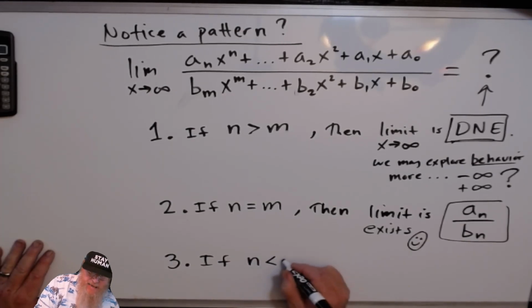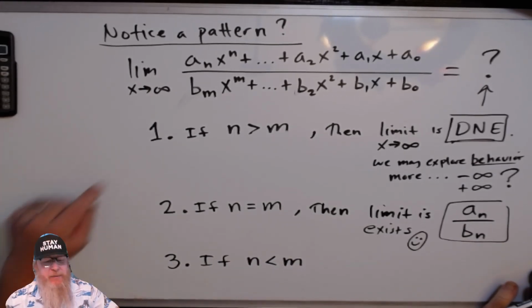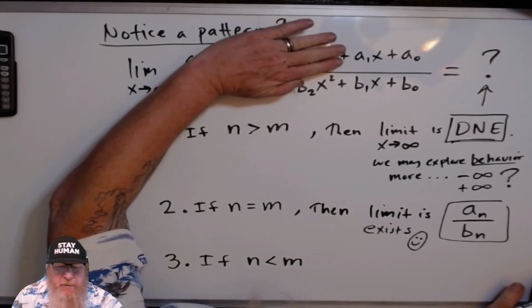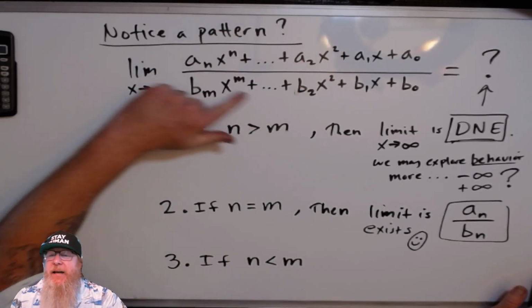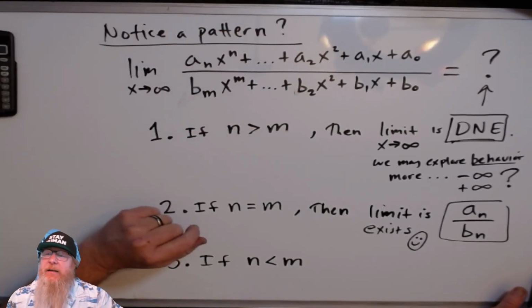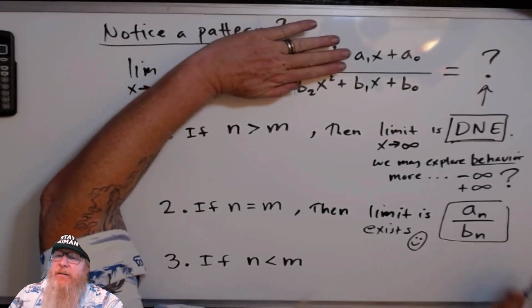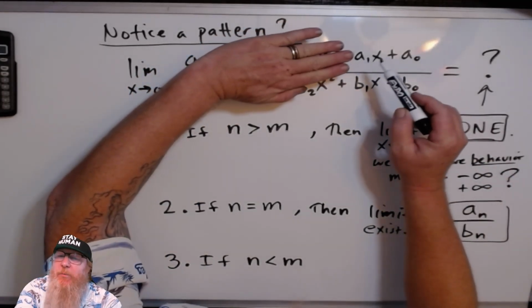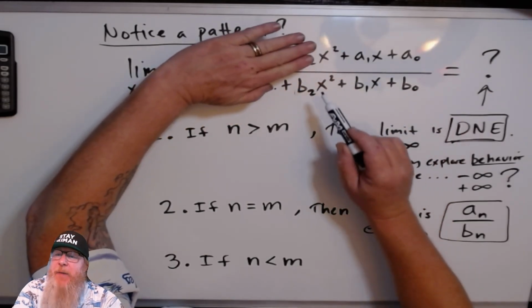is if n is less than m. So n would be, I don't know, 2, and then m could be like 3. Or n, the top, could just be 1, that's the one we just did, and then the bottom could be 2.